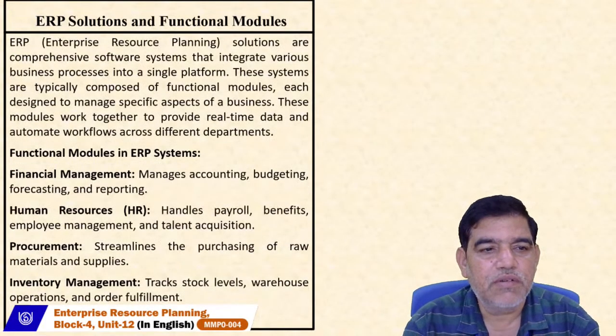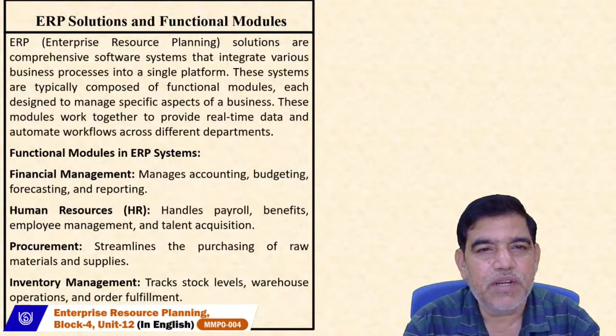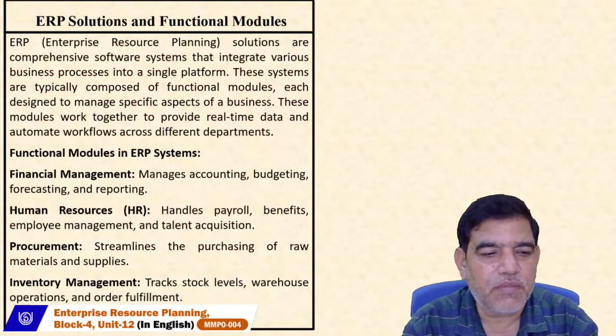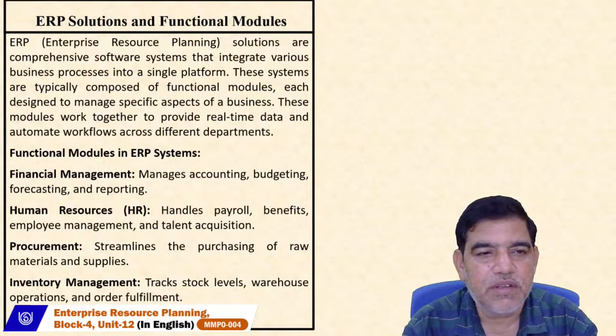Now we discuss the ERP solution and fundamental modules. The fundamental modules are financial module, human resource module, procurement module, inventory management module. Now, what is actually the ERP solution? ERP solutions are comprehensive software systems that integrate various business processes into a single platform.